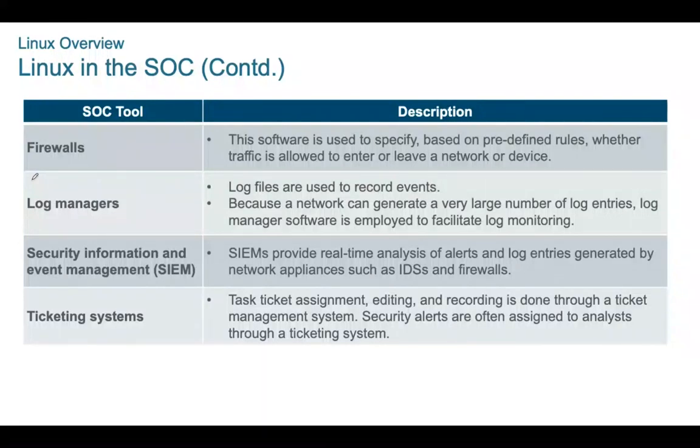If any attackers try to attack the network, they attack through packets only, in terms of networks and the internet, right? So this firewall software is used to specify, based on predefined rules, whether the traffic is allowed to enter or leave the network or any individual devices.